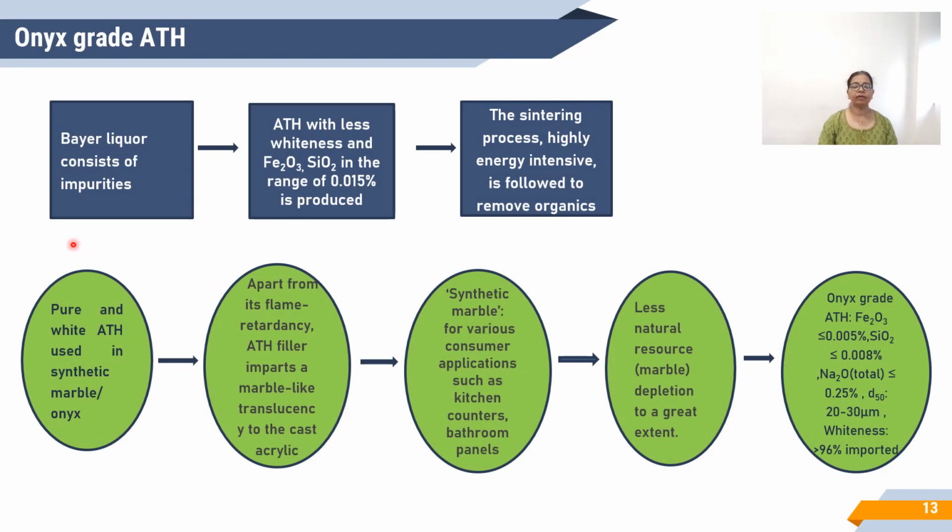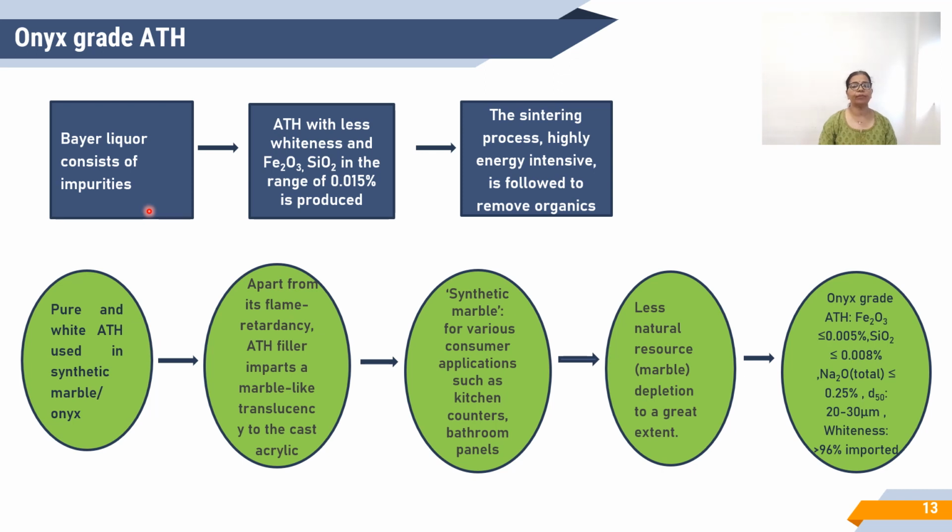Now the other grade which we are carrying out is the onyx grade ATH. Onyx grade ATH means synthetic grade ATH, which requires a very high whiteness of greater than 96%. This cannot be produced from the bare ATH by grinding, because the bare liquor consists of impurities.